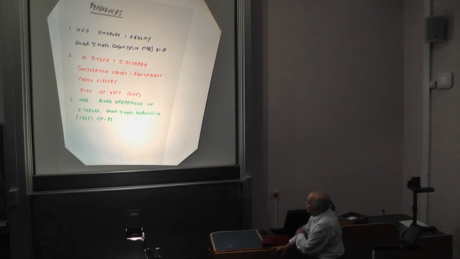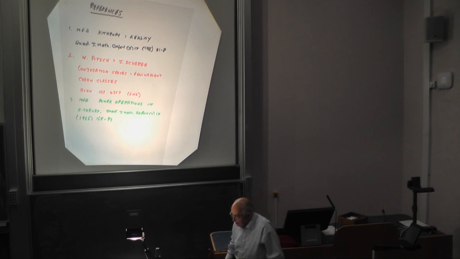You see how up to date it is, by Pitch and Shearer, 2012, and it's about this formula I just mentioned. And the third one is another old paper of mine, where I show how to relate power operations and K-theory, and that's the one you have to use if you want to understand the analog of Steenrod squares in this game.